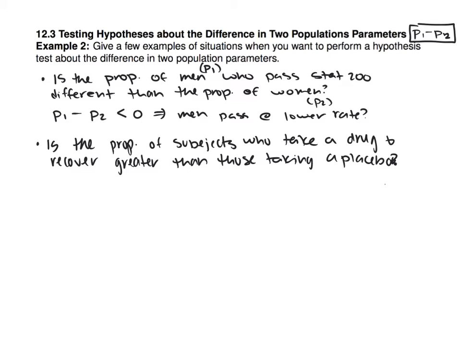As in, is your drug working? If you give your drug to 100 people and you give a placebo to 100 people, do more of the people in the drug group end up recovering than in the placebo group? So that's the kind of stuff where you'll care about two different proportions.